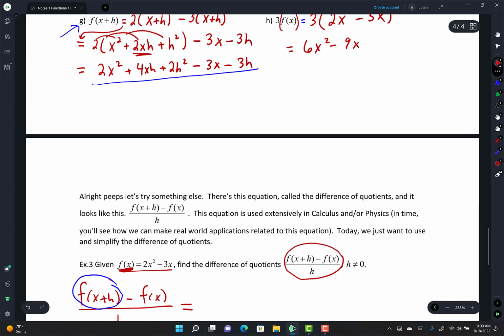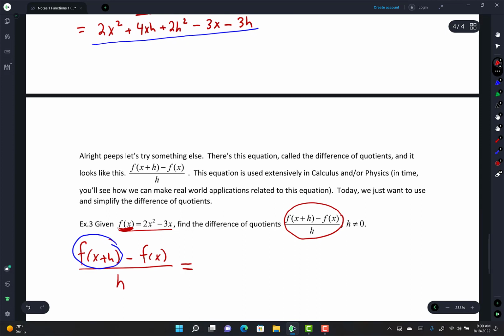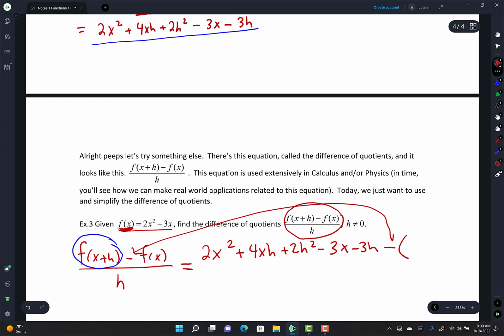So here we go: 2x squared plus 4xh plus 2h squared minus 3x minus 3h. That minus sign is this minus sign. And then in parentheses, write your expression for f of x. Don't worry, guys. It looks scary, I know. But it's going to be easy. Trust me.